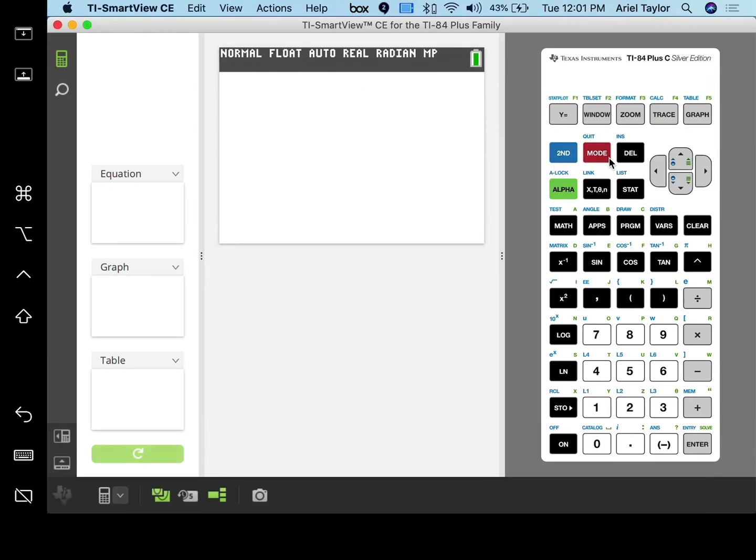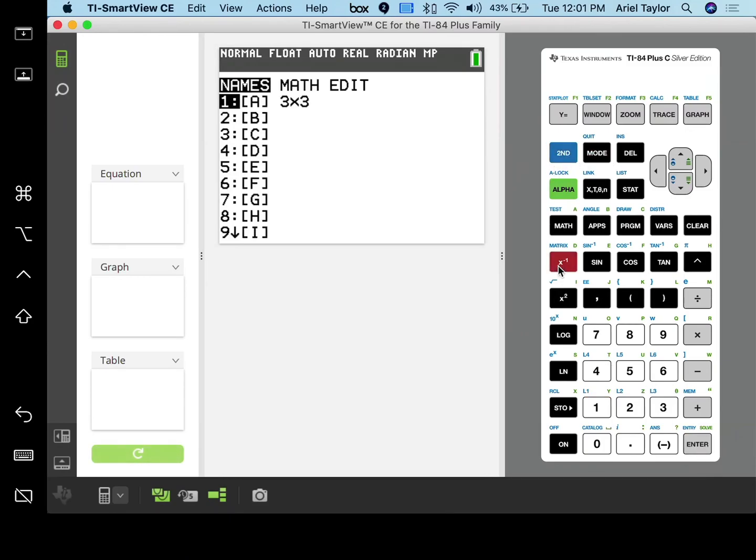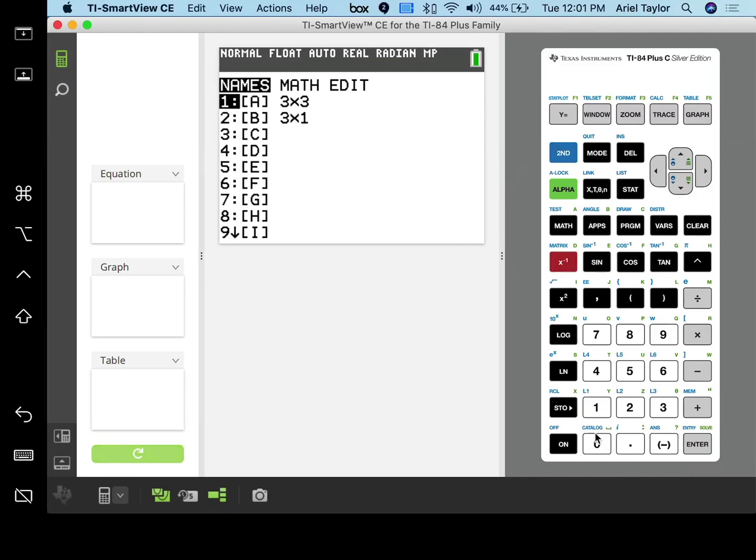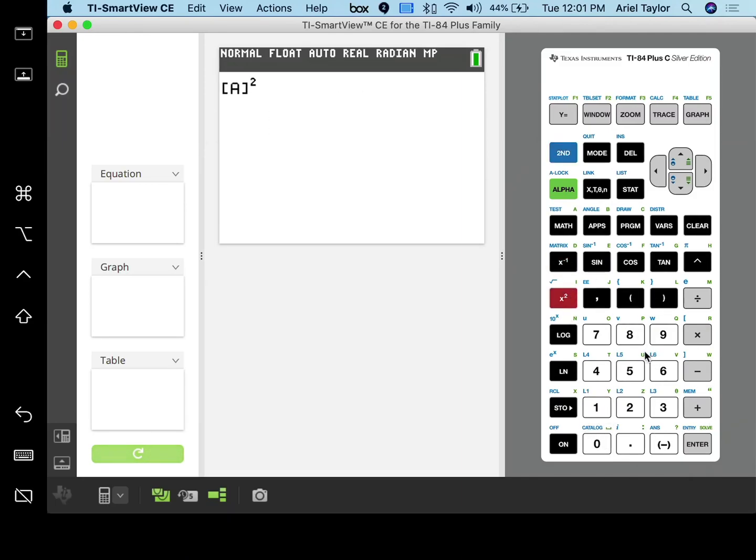Second quit. And put our matrix in again, and this time we're going to edit matrix B, which is a 3 by 1. And that was 0, negative 25, negative 18. And now we're going to second quit so we can actually do the math. So to find matrix X, we're going to do matrix A inverse. Uh-oh, not squared.